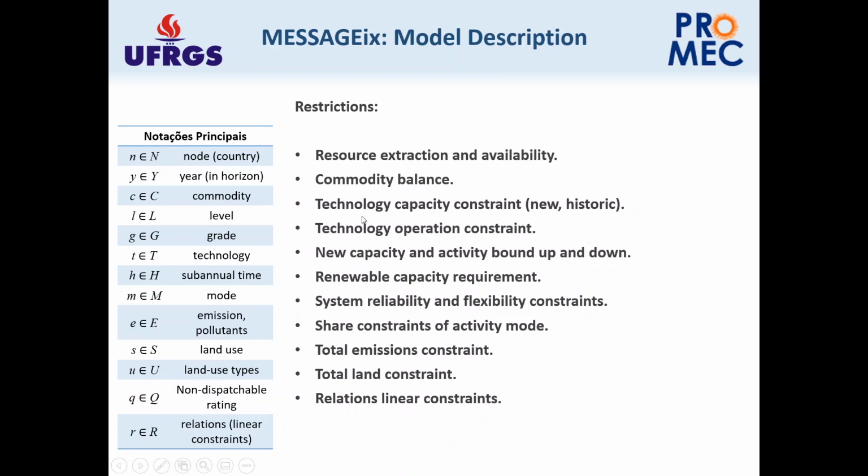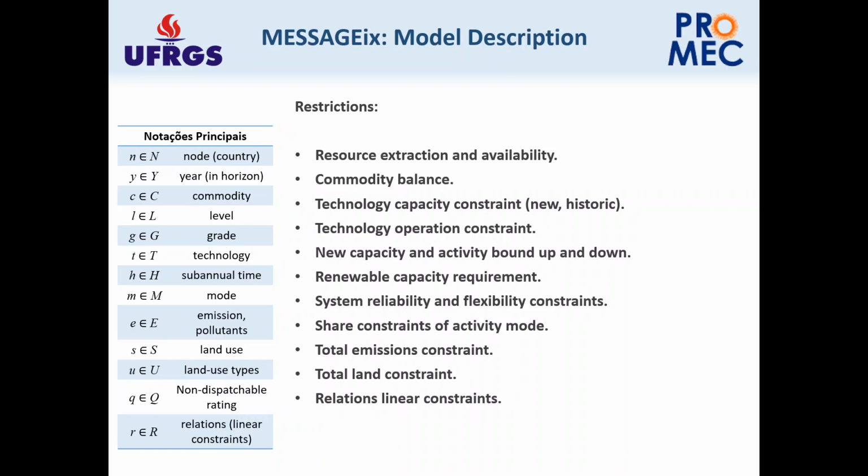You have technology capacity constraints. For example, you can dictate that this technology cannot increase more than 2 gigawatts per year, and cannot decrease more than 2 gigawatts per year. Then the model will take that into account, because you don't want your whole energy matrix to change from one year to another, because it's going to put a lot of people out of work and cause economic problems.